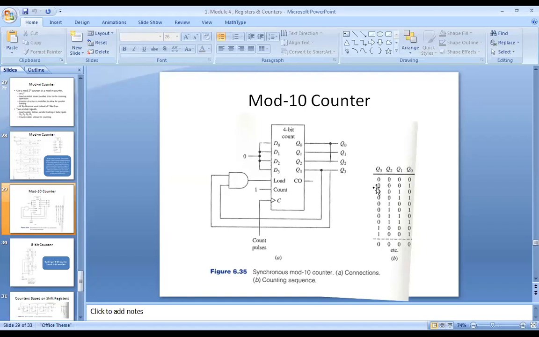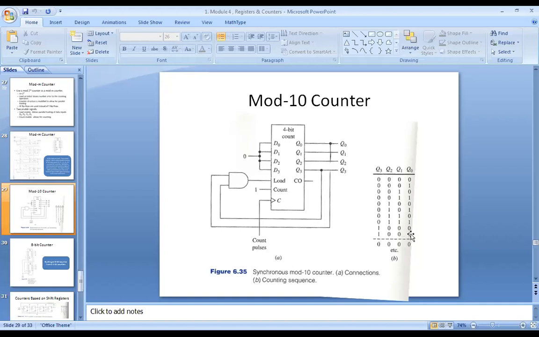So in this circuit, it's looking for Q0 to be high and Q3 to be high. Q0 and Q3 both are connected to the AND gate, and only if both are high, there will be a 1 here. If it's a 1, then load. Load means 0 will parallelly get into D0, D1, D2, D3, and then the count starts.